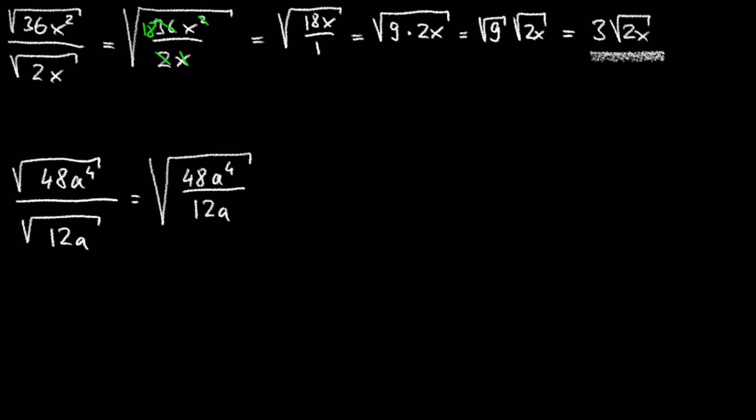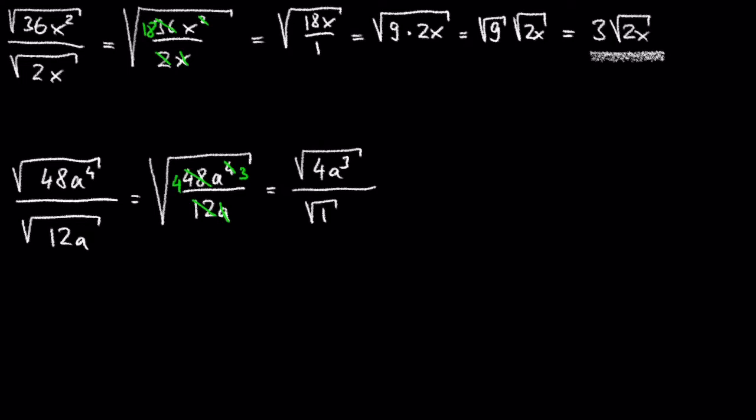And after cancelling out 48 and 12, and the a to the 4 and a, and then applying the division law for roots in reverse, we get the square root of 4a to the 3 over the square root of 1.